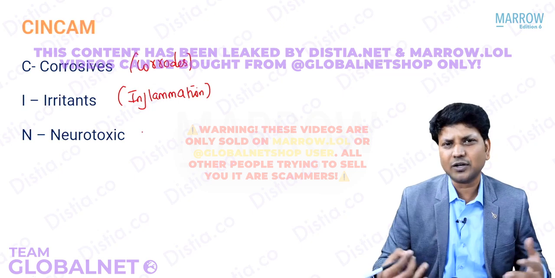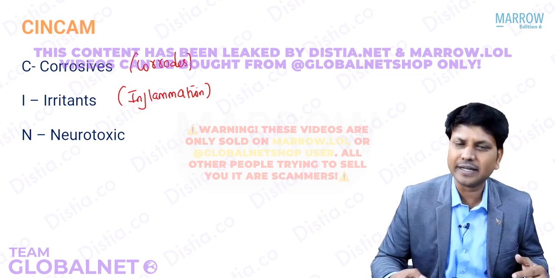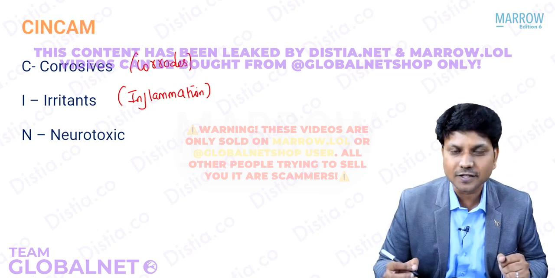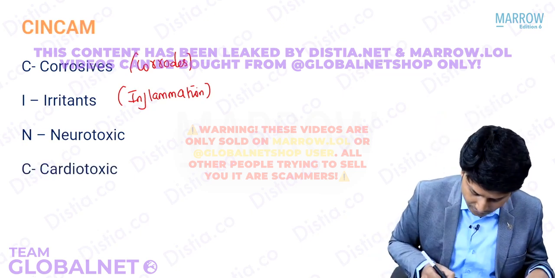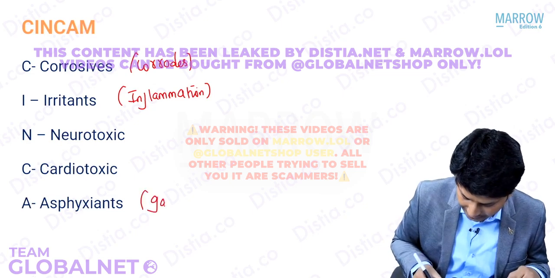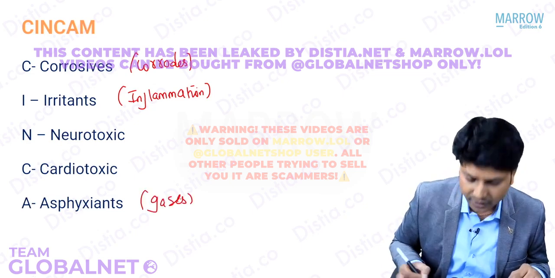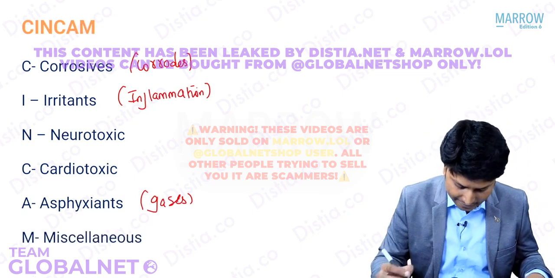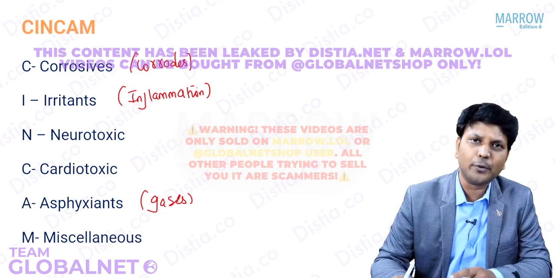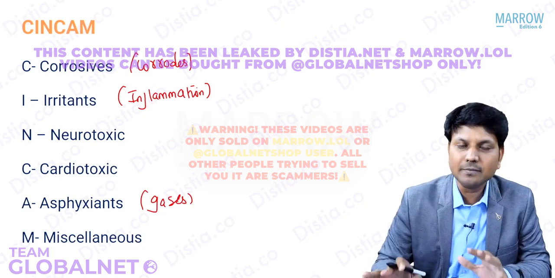Any substance acting on the nervous system is neurotoxic. It can act on the central nervous system or on the peripheral nervous system. The next letter is cardiotoxic, acting on the heart. A is for asphyxiants. Do remember, friends, all these are basically gases. The next letter is M for miscellaneous, which includes agricultural poison and food poison. Everything will be discussed in the miscellaneous group.